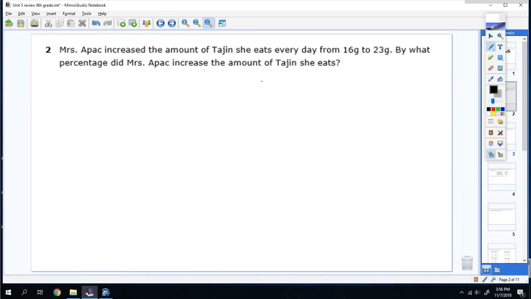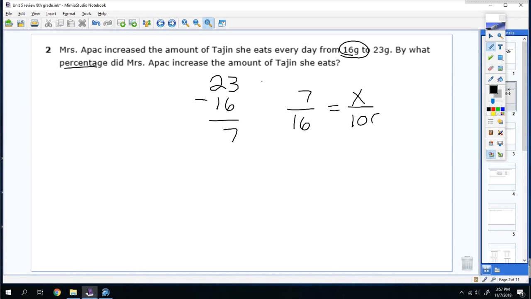My pad's just, Wi-Fi's not good today. So 23 minus 16, which is 7. So that's the amount of difference. So 7 goes on top over the original amount of 16. And since you're trying to find a percentage, you set it equal to x over 100. And you cross multiply.